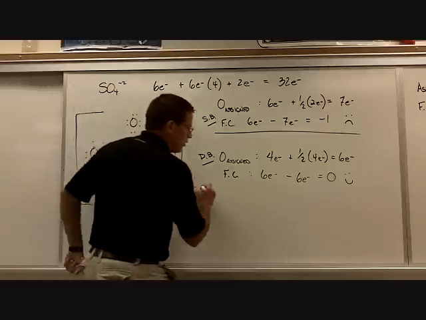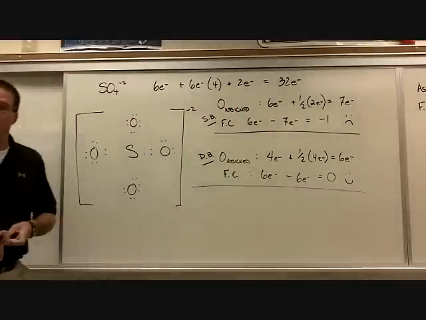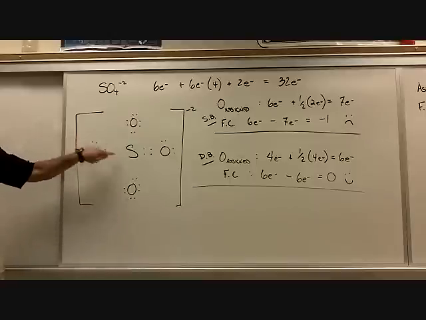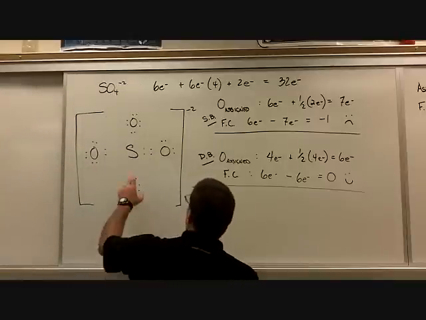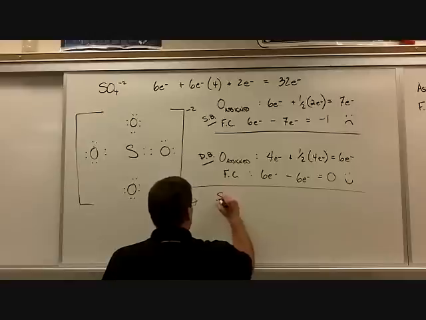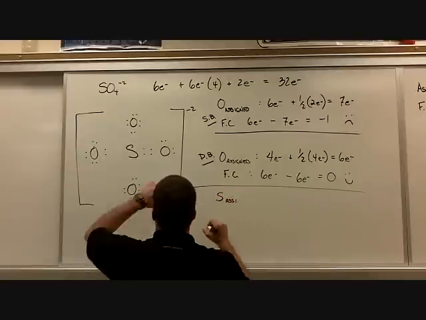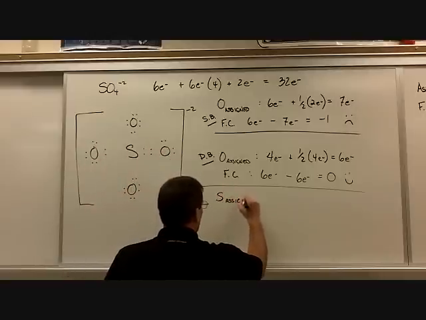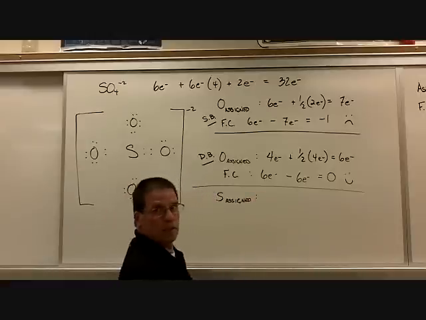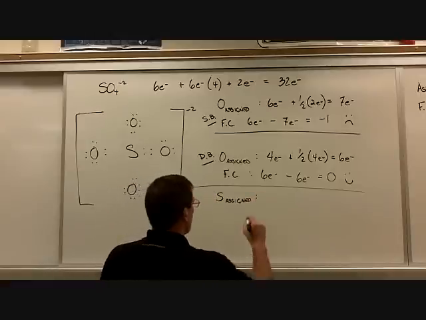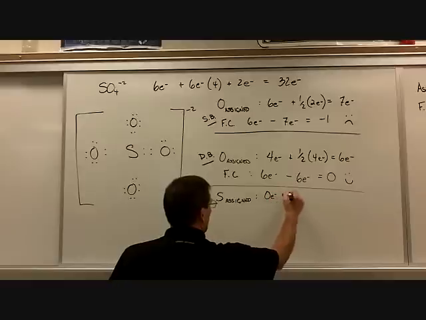So let's do a formal charge calculation and see if sulfur is happy, because we always want the central atom to be 0. We've got to have the central atom as 0. So looking at the assigned electrons for sulfur here, and I'm not going to say if it's double, triple, whatever. It's whatever it is right now. How many lone electrons? 0. Very good. Plus 1/2 shared.